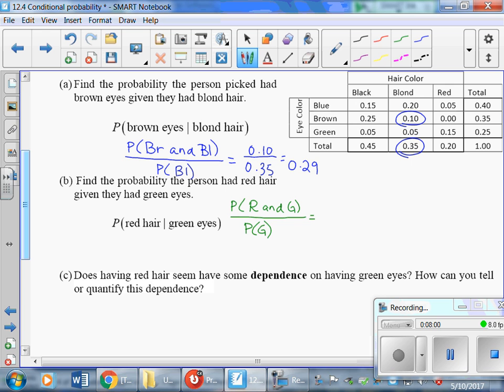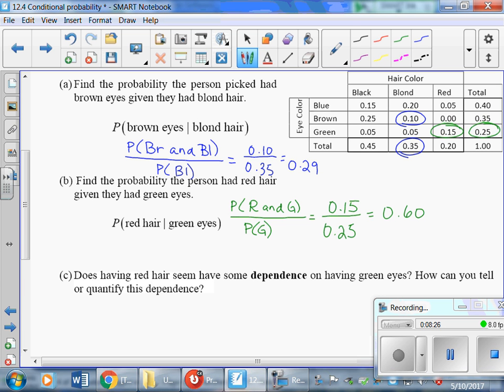The probability of green eyes is 0.25. So 0.15 over 0.25, do the math and you get 0.60.